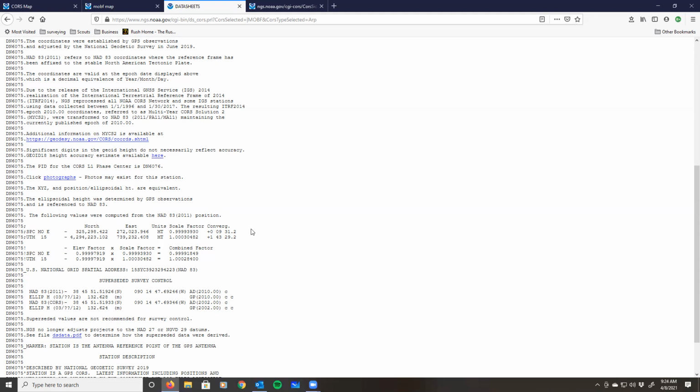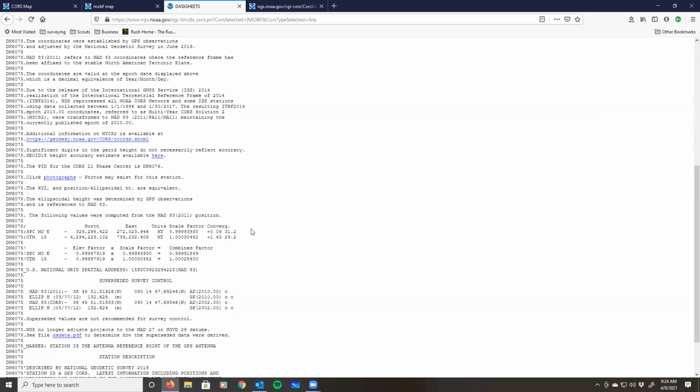Because it's Missouri East and we're basically in St. Louis, which is towards the eastern end of that particular projection, the grid north is angling to the right, whereas positive from geodetic or astronomic north.